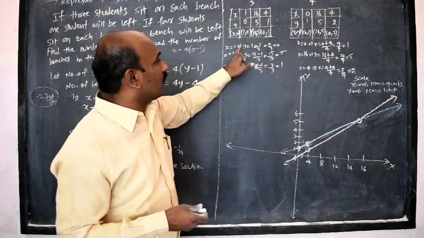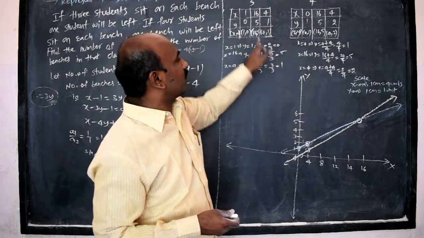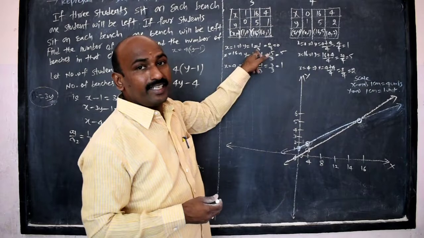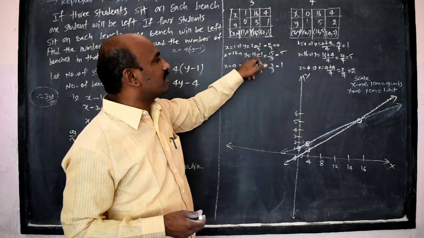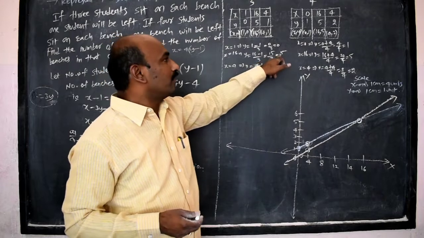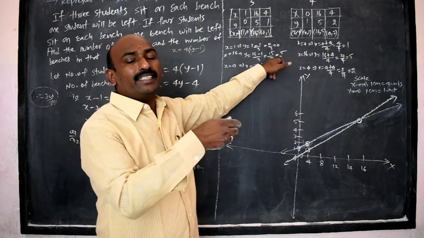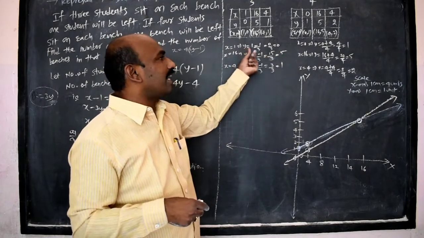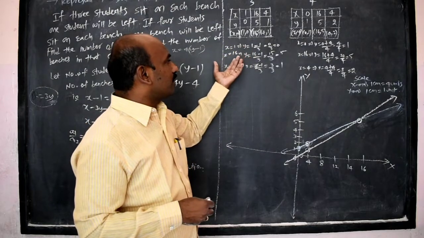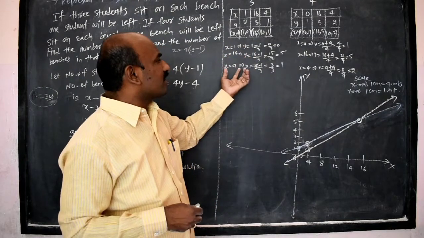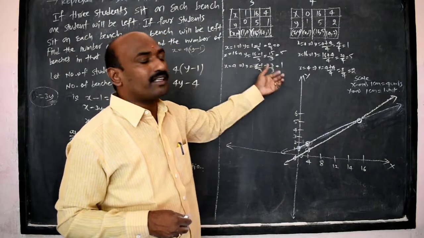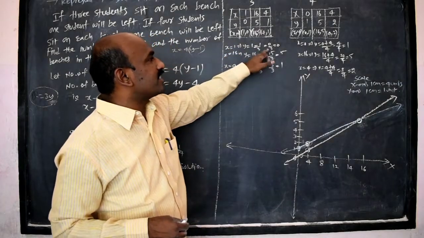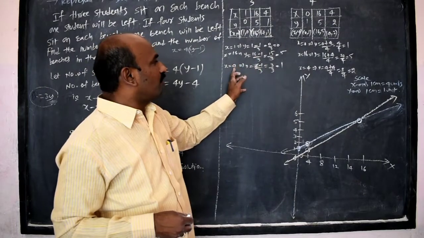If you take x is 1 in the first line, y equals 1 minus 1 by 3, that is 0 by 3, which is 0. Next, x is 16, y equals 16 minus 1 by 3, that is 15 by 3, which equals 5. I am getting integer values, that's why I am taking these values. X equal to 4 means y equals 4 minus 1 by 3, that is 3 by 3, which is 1. I took 3 points: x 1, y 0; x 16, y 5; x 4, y 1.